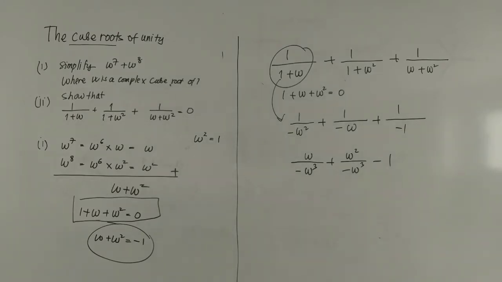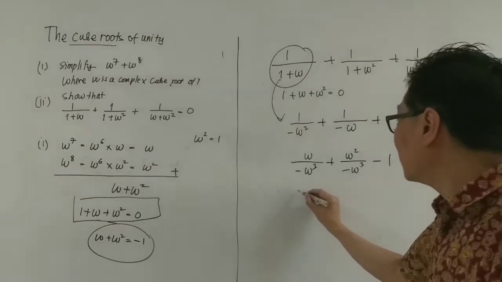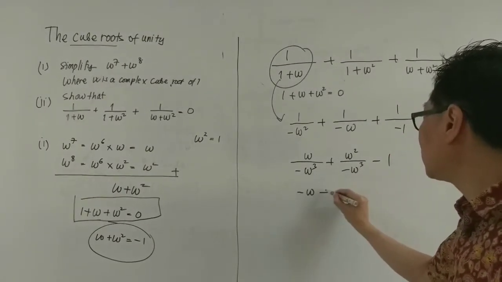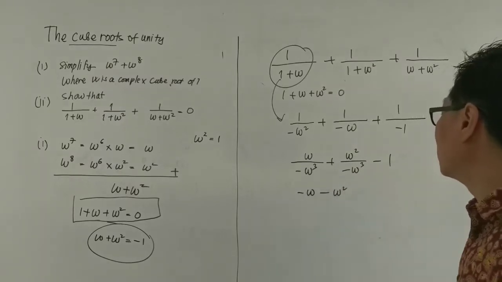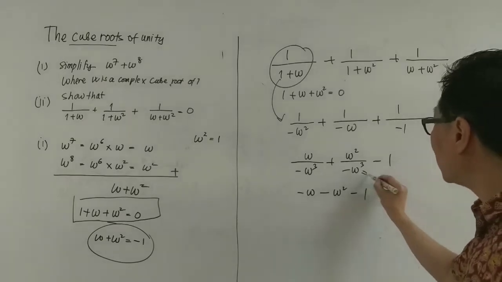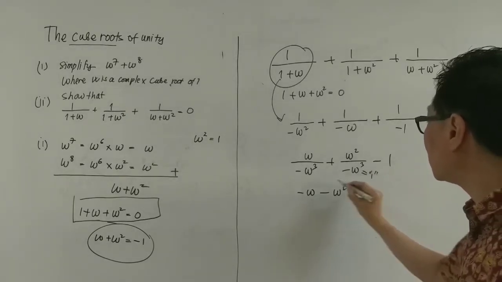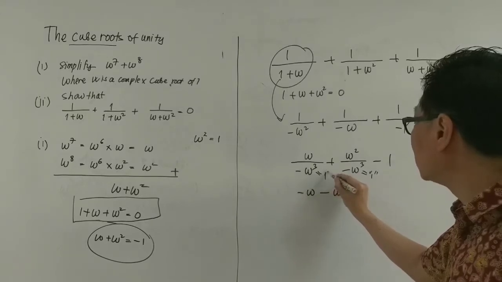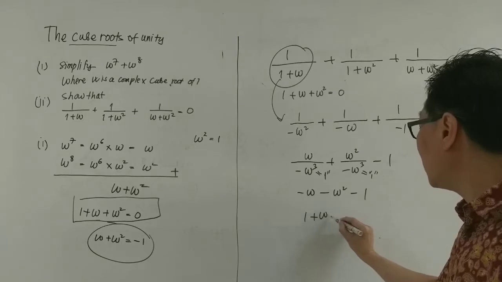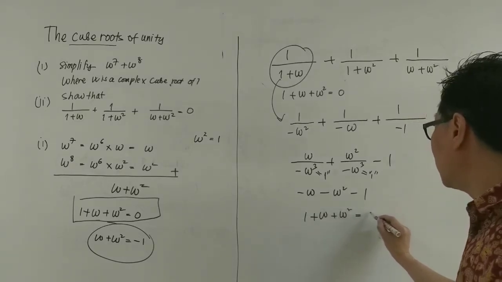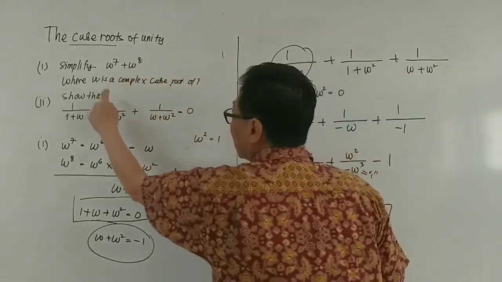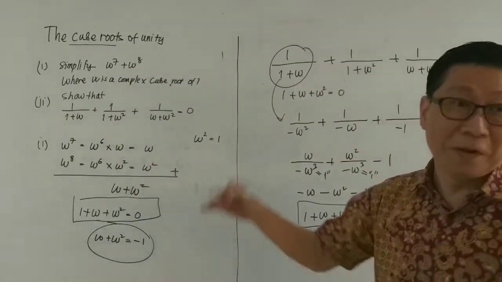So this is the same as minus omega, this is the same as minus omega squared, this is the same as minus 1, because omega cubed is 1. So this equals 1 plus omega plus omega squared, which is 0. So this expression equals 0.